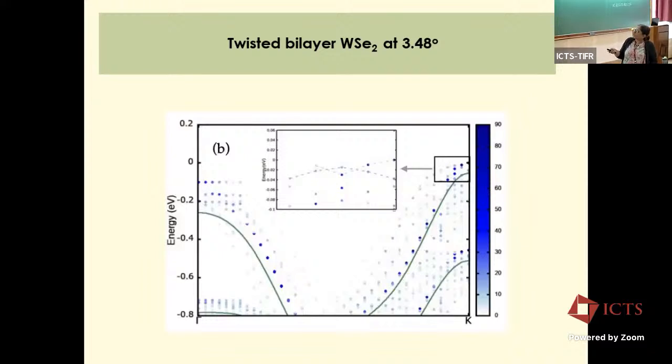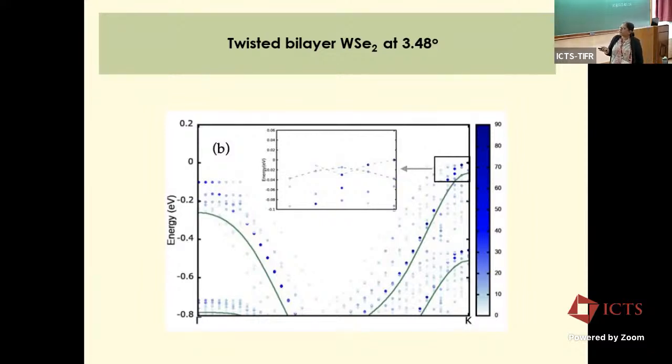Again, carrying out the same kind of mapping, projection of the eigenfunctions of this Moire cell onto the primitive cell, and using the same notation where the color coding represents the weight, and the green lines over here represent the untwisted limit.